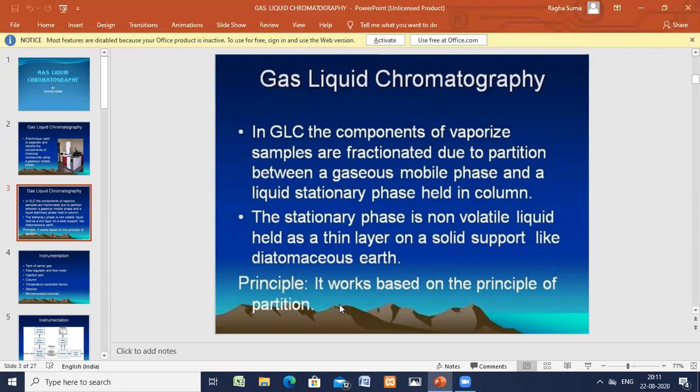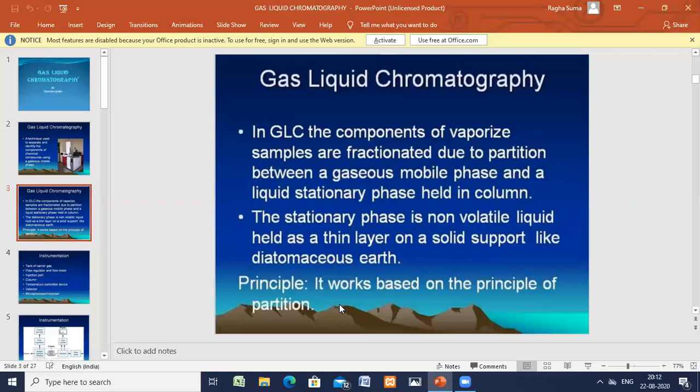This causes the components to move through the column with different retention times. The sample components are detected at the column exit using a suitable detector.